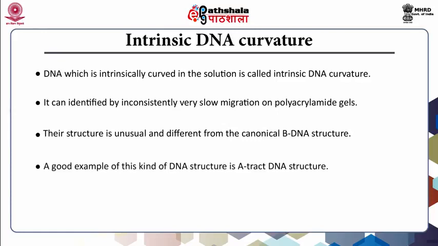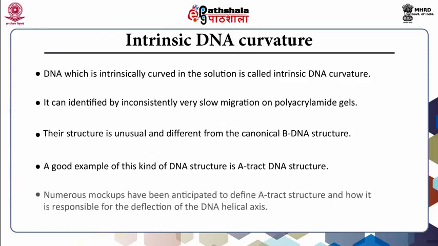A good example of this kind of DNA structure is A-tract DNA structure. Numerous models have been proposed to define A-tract structure and how it is responsible for deflection of the DNA double helix.